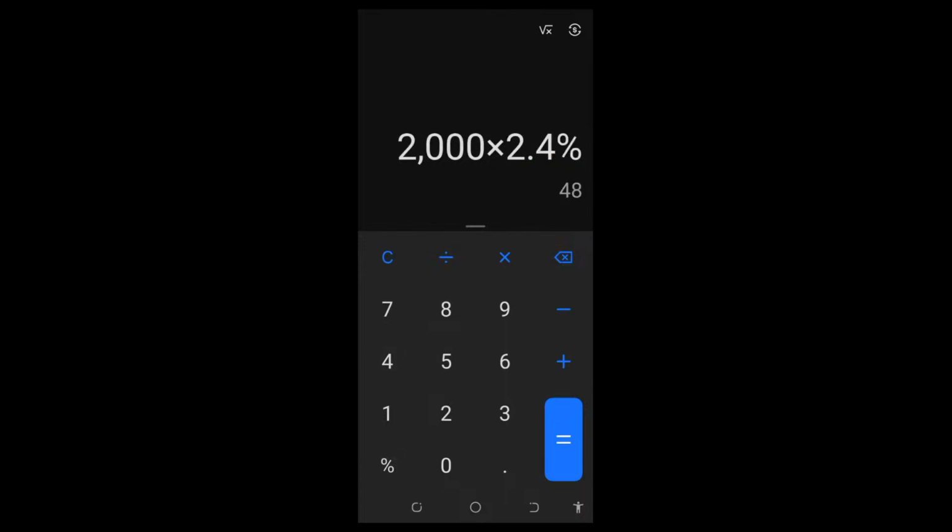You get $48. So that means that if you had $1,000, you would get $24 as your profit. If you had $100, you would get $2.40. And that's why with my $20, I was able to get 48 cents. Now, do you understand what we're talking about here?